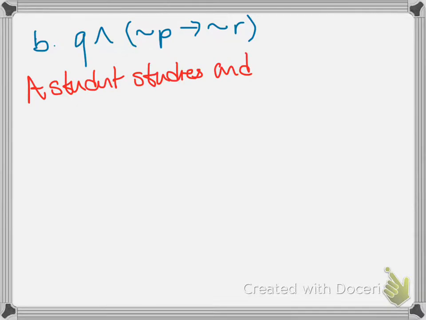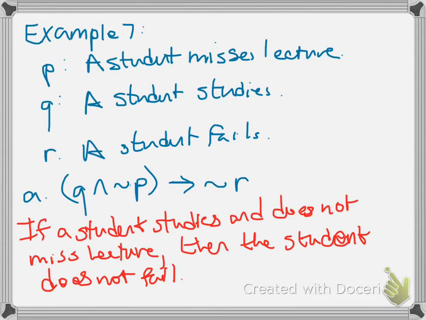And I'm actually going to put a comma right after the word studies, because that doesn't really have anything to do with what we're about to say. That's a completely separate statement. And if, let's go back and check what P was. P was a student misses lecture.